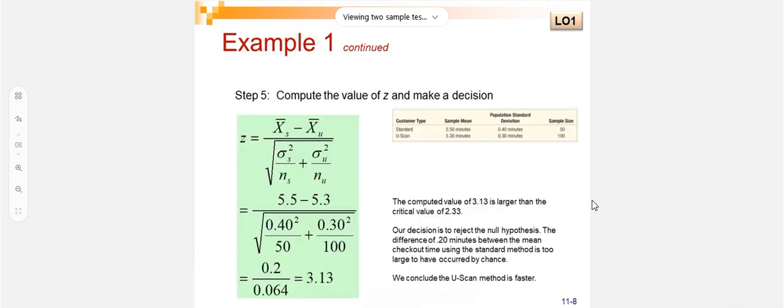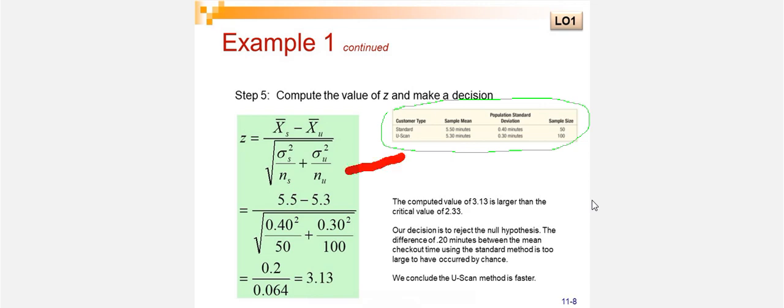Using the given formula, Z equals the X bar of group 1 standard minus the X bar of group 2, divided by the square root of sigma standard squared divided by n standard plus sigma U-scan squared divided by n U-scan. These values are given in the question, so we just put them into the formula, and we get 3.13.